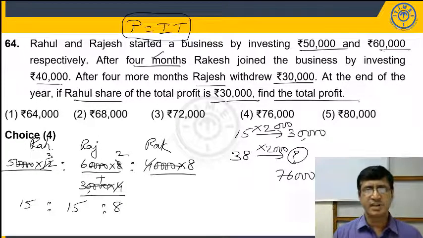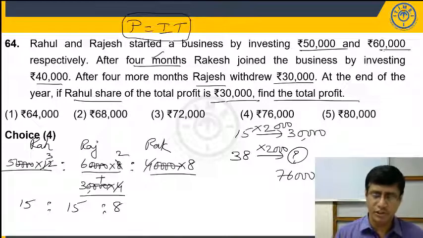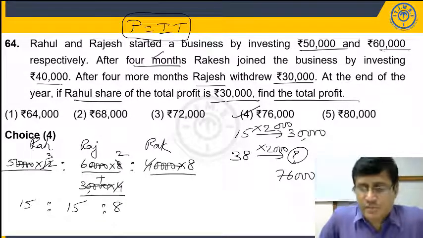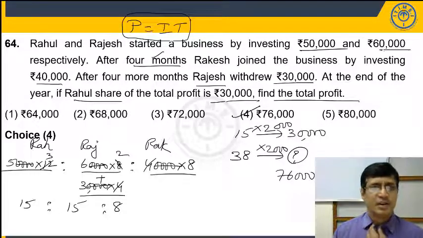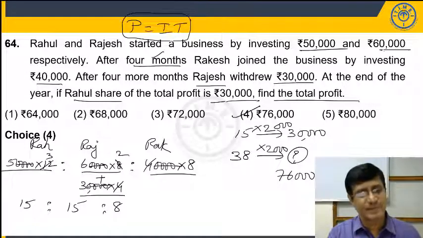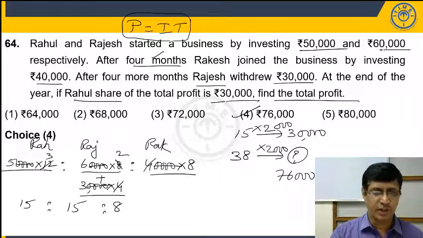How much is it? 76,000. So right choice, option number 4. Fourth choice is the right choice. Hope you are enjoying the paper, yes or no? Right. So right choice is option 4.